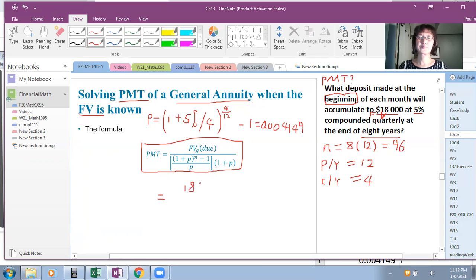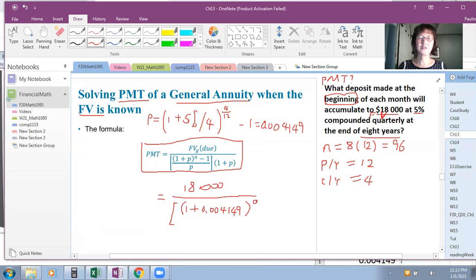18,000 divided by bracket 1 plus P. So 1 plus 0.004149 raised to power n.